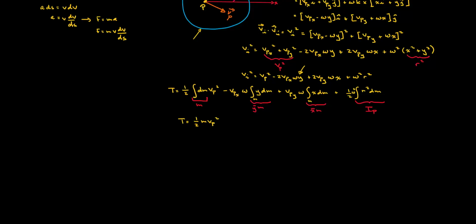This is the kinetic energy evaluated using the velocity known at point P, minus the x component of velocity at point P multiplied by y bar m and then multiplied by the angular velocity, plus Vpy omega x bar m, and then the final term is 1/2 multiplied by the mass moment of inertia about point P multiplied by omega squared.